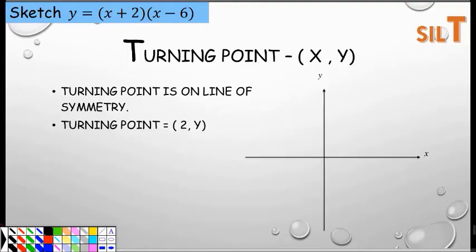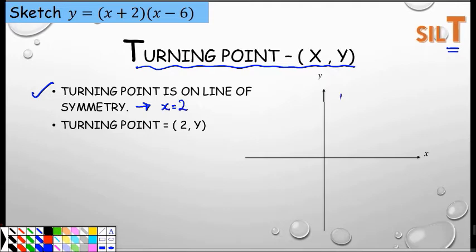The last one is to find t, which stands for turning point. How do we find the turning point? We know that the turning point is on the line of symmetry, and earlier on we said that the line of symmetry for this example is x equals 2.